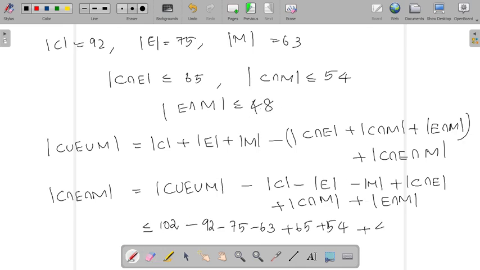So plus 48 to them, so the value is going to be equal to 39. So the largest possible number of students who passed all the three subjects will be 39.